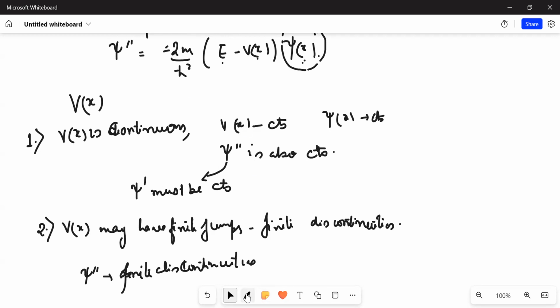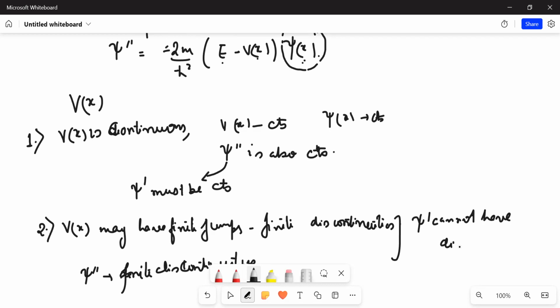But do remember that since psi double dash is defined, your psi dash cannot have discontinuities. I'm writing this for finite discontinuities.